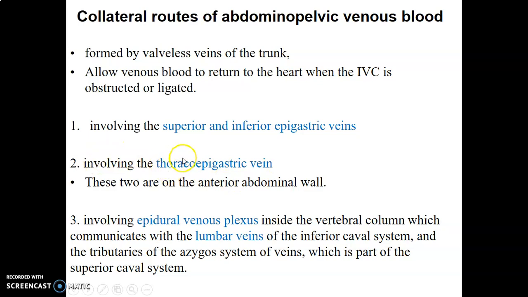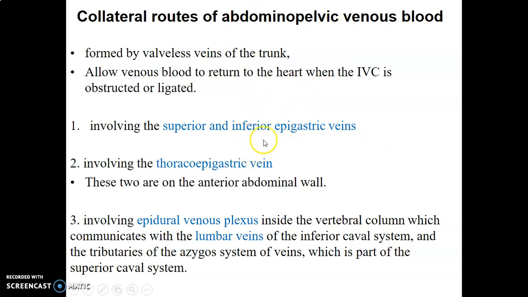Superior epigastric is from the internal mammary, from the subclavian to the superior vena cava. Inferior epigastric goes through the iliacs, through the inferior vena cava. So this is a point: these collaterals show you how the inferior and superior vena cava communicate. If there's an obstruction of the inferior vena cava, these vessels can communicate and still drain the blood.